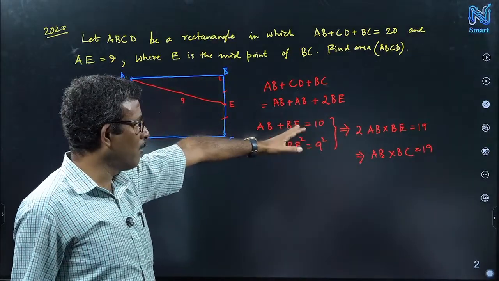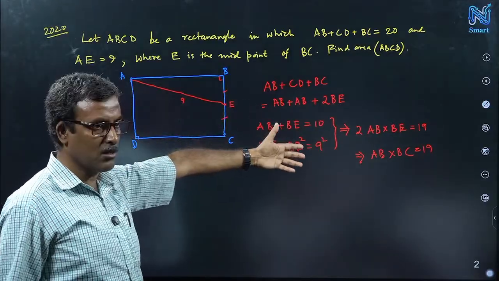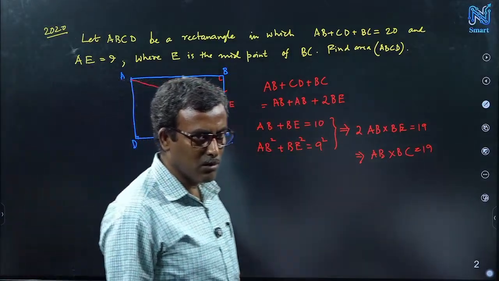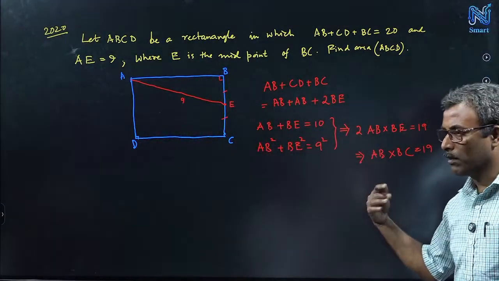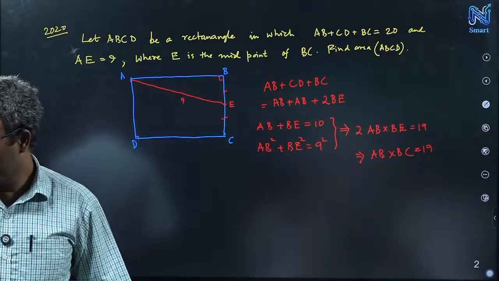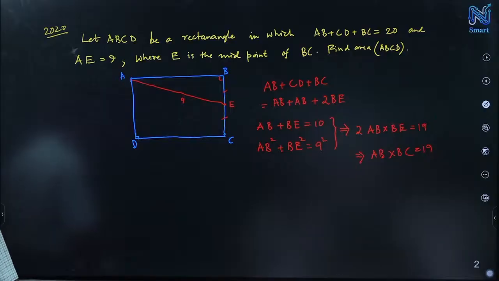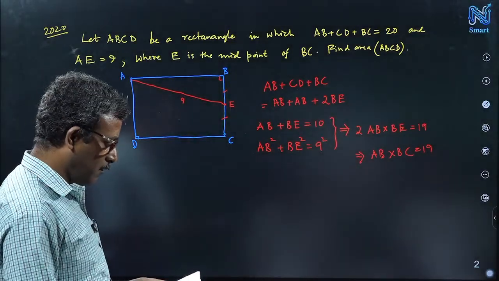We didn't find what is AB and what is BE. Okay, we can find, but no need. From two equations we can find AB and BE. It's clear? So this is rather easy, right?